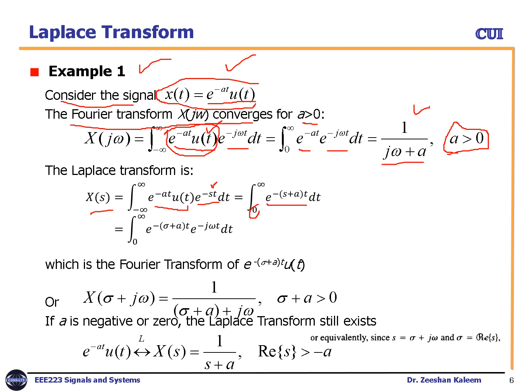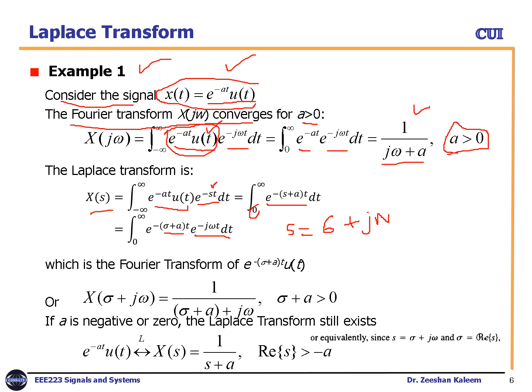And as you know, s is equal to sigma plus j omega. So we are replacing s with sigma plus j omega. When you replace that and reshuffle these terms, it becomes e to the minus (sigma plus a) t, and we separate e to the minus j omega t.